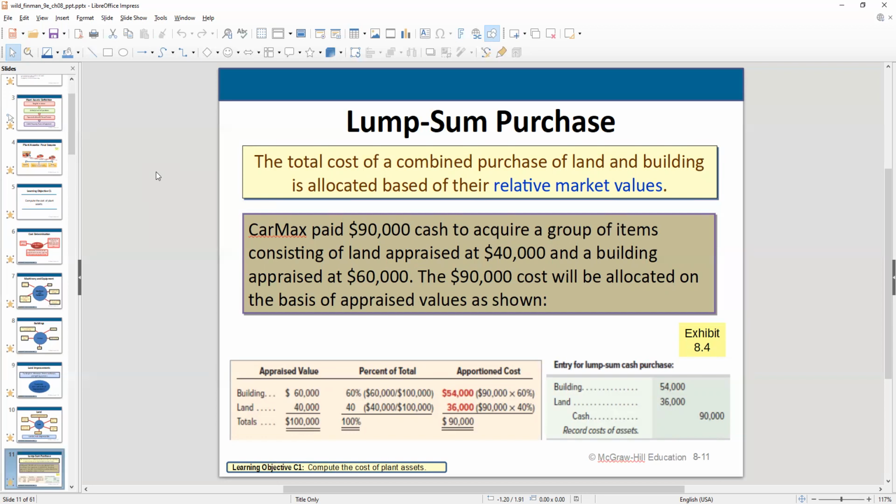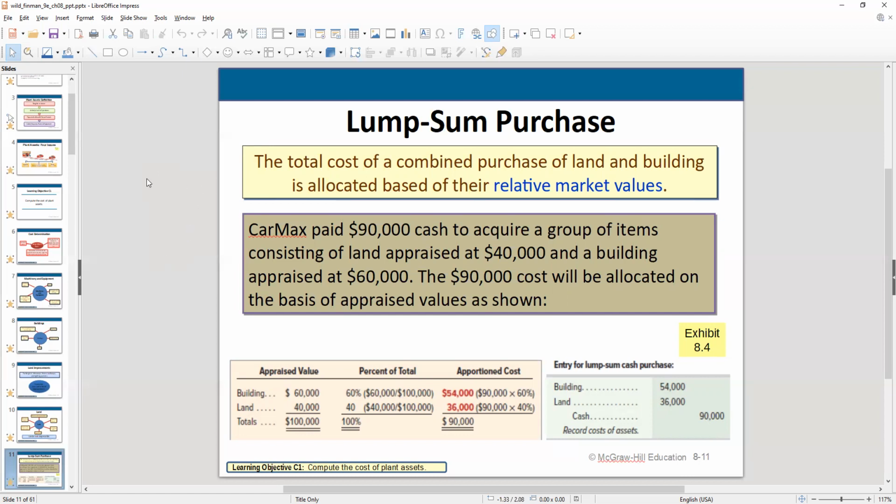Then we come up with a percentage for the building and the land. It just happens to be 60% of the cost is the building, 40% is the land. Then we multiply 90,000, which is the total of the two combined that we actually paid, times those percentages. So we come up with the acquisition cost apportioned at $54,000 for the building and $36,000 for the land.